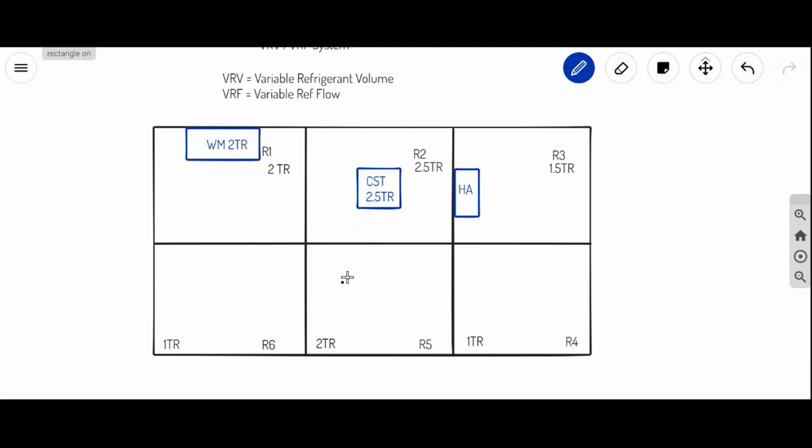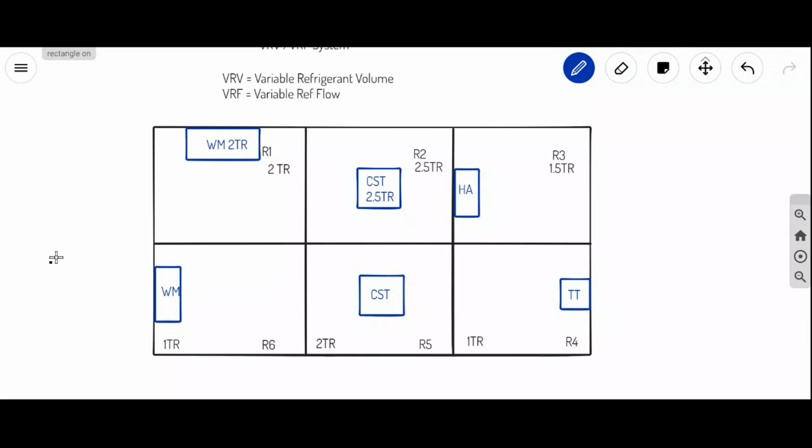Here again I am taking a cassette. Tower type and wall mounted. Okay, so every room will have an individual indoor unit.